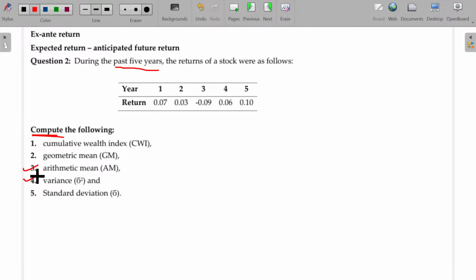Arithmetic mean, variance and standard deviation. Three things are going to be calculated. I'll explain cumulative wealth index and geometric mean later on. That's very rare for your examination purpose. For the complete analysis purpose, we need to understand these three. Mean, standard deviation. Standard deviation square is the variance.